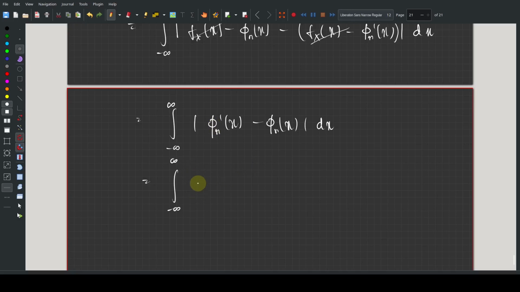Effectively you will get 1 by n times hn of k of (x minus xi) divided by hn, minus k of (x minus xi prime) divided by hn.